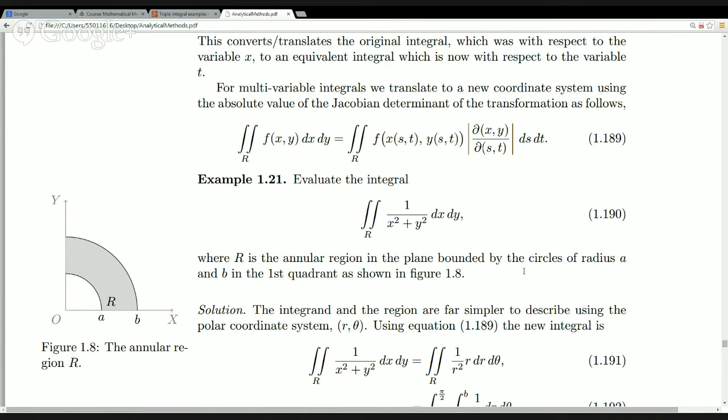One of them is based on thinking in terms of spheres. The other one is based on thinking in terms of cylinders to describe points in 3 dimensions. So the picture for spherical polar coordinates is you've got your usual x, y, and z axis.